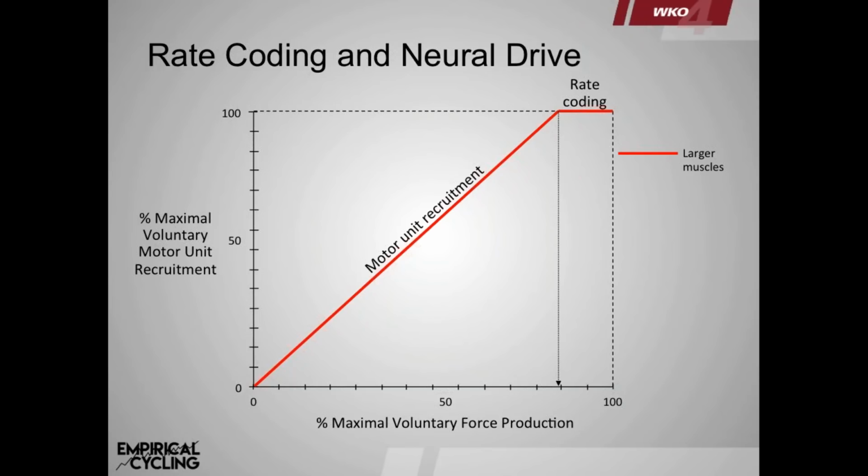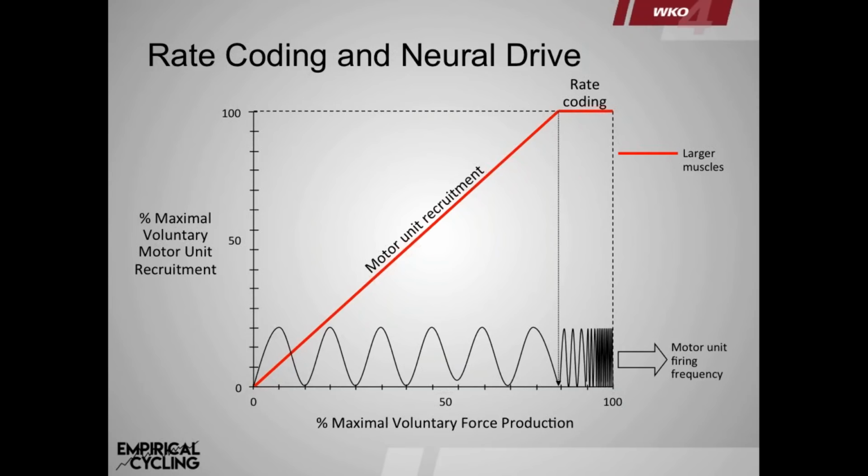And then from here, we rely on rate coding. So what rate coding looks like is this. Early on, producing low amounts of force and increasing amounts of force, we send more and more signal to our muscles to recruit more muscle fibers.